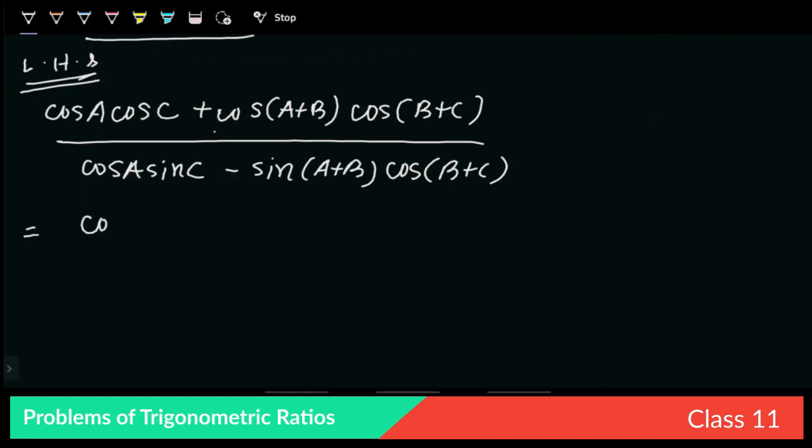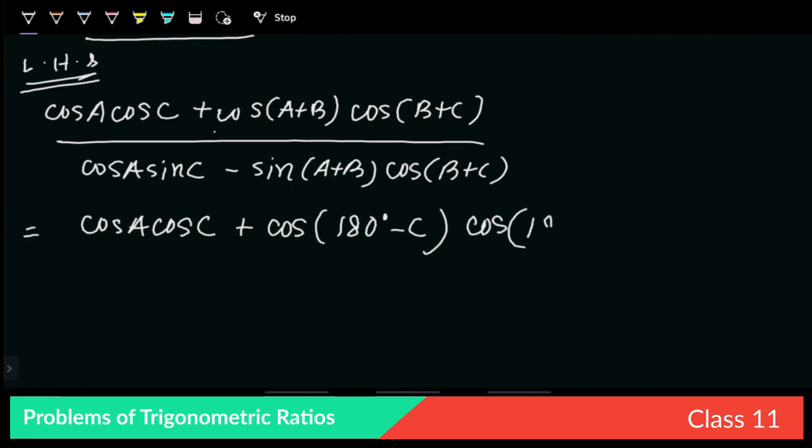So it is cos A cos C plus cos of, now what is A plus B? A plus B means 180 degrees minus C. Now cos of B plus C means 180 degrees minus A.